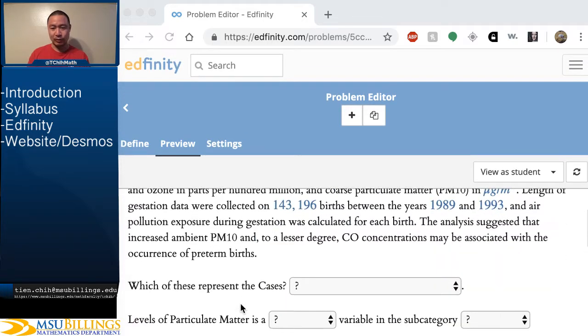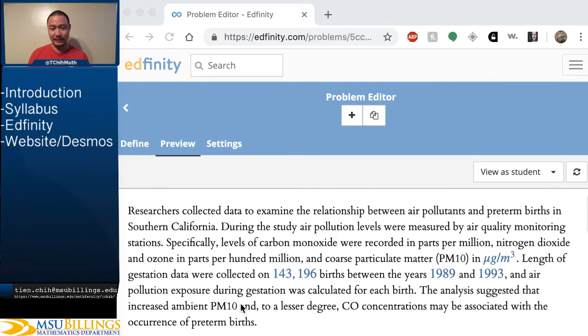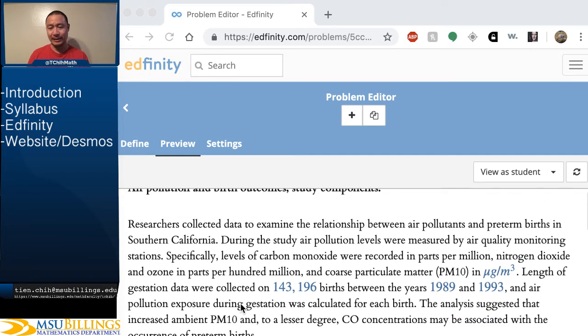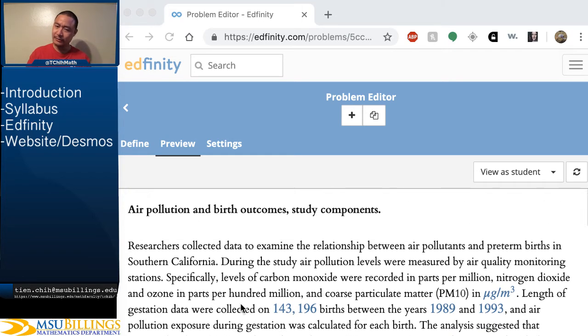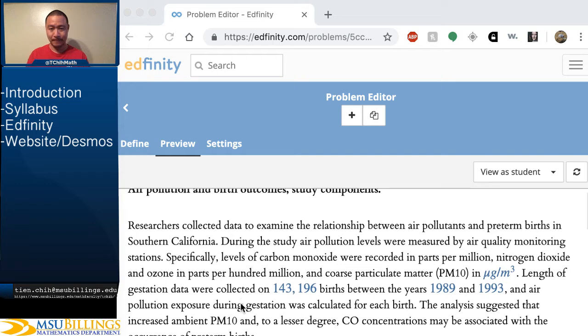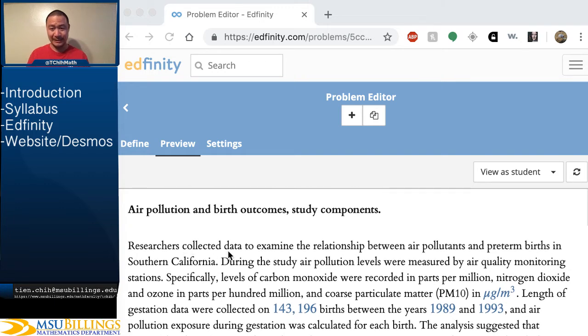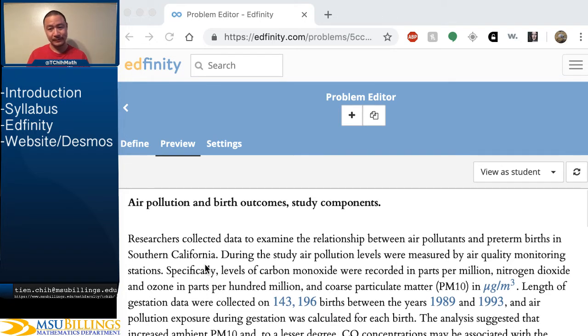I'm not going to go through and answer all of this, but I'll talk about it, and by the end of this, we should be able to determine ourselves what is or isn't a variable and maybe what type of variables there are. So, researchers collected data to examine the relationship between air pollutants and preterm births in Southern California.